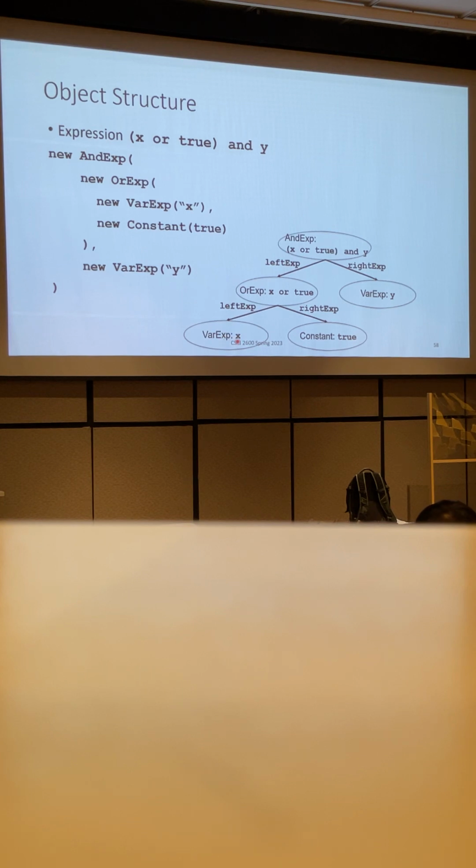First, we will evaluate x, then true, then this or, then y, and only at the last step, this and expression. Okay? So in the code, we kind of see the opposite. First listed is the expression that will be evaluated last, the outermost expression, the and expression.